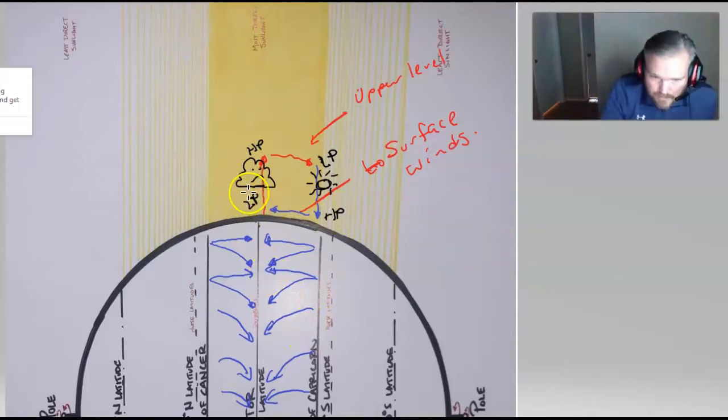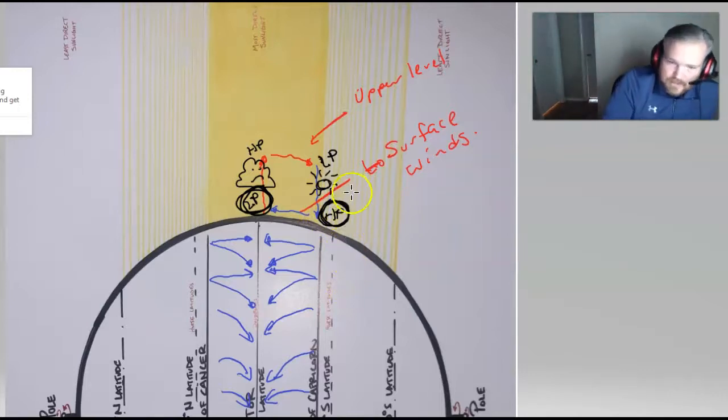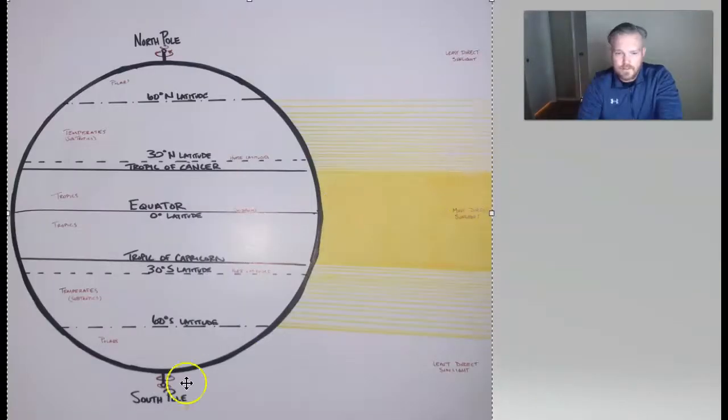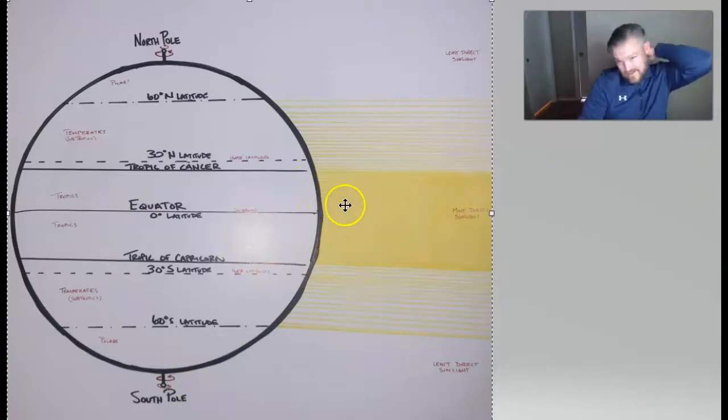So surface lows will create cloudy weather or stormy weather, and our surface high pressures will create clear skies, good weather.